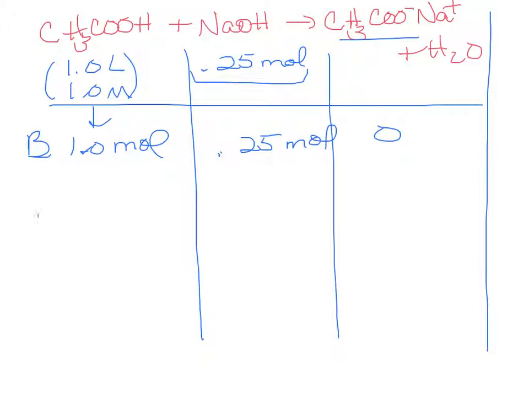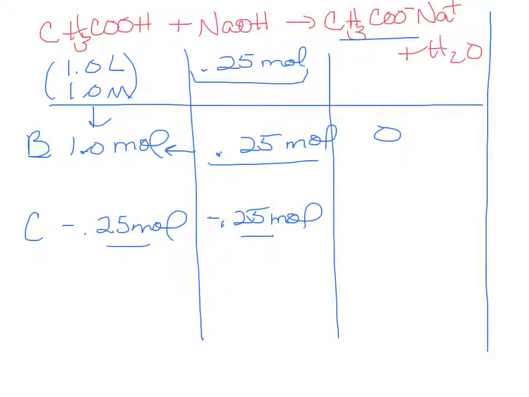And so then the change: all of this sodium hydroxide, because it's a strong base, will react with the acetic acid. So the change is going to be the amount of sodium hydroxide added. Basically, that's always going to be true. Those are present in a 1-to-1 ratio, so they're equal. And of course, we will add that same amount of the conjugate base, the product.